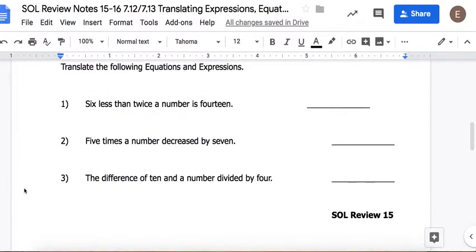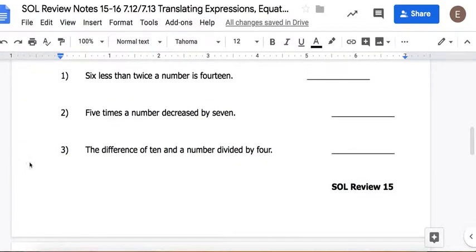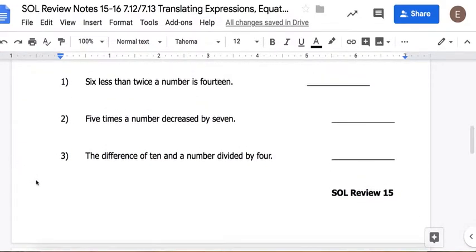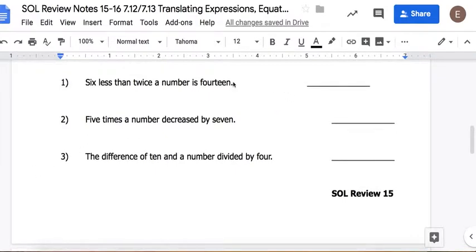Okay, translate the following equations and expressions. So we're either going to put an equal sign or not an equal sign. Okay, 6 less than twice a number is 14. So I'm going to circle less than. This is a switch around word, and it means subtraction. I'm going to underline twice, and that means multiplication.